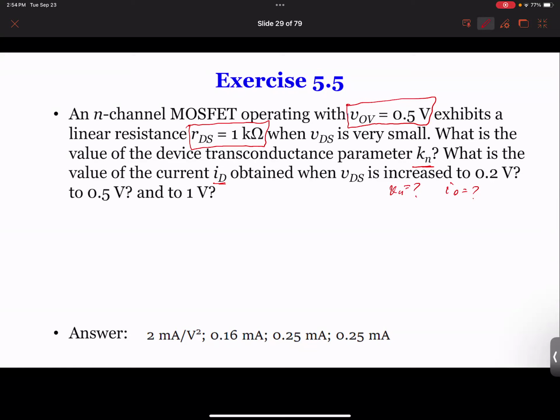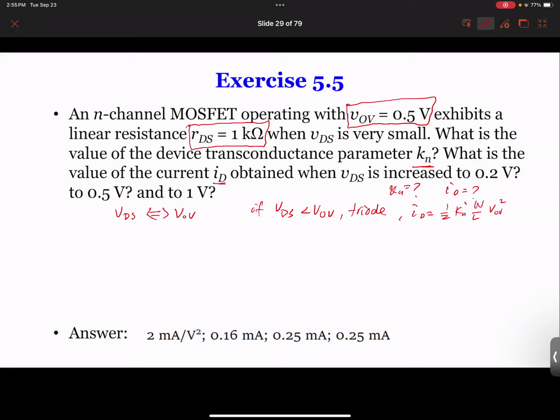So here, they already said that VDS is very small. What that means is, if VDS is small, we compare that to VOV. If VDS is less than VOV, it's in triode. And the equation is ID equal to 1/2 Kn prime W over L VOV squared.